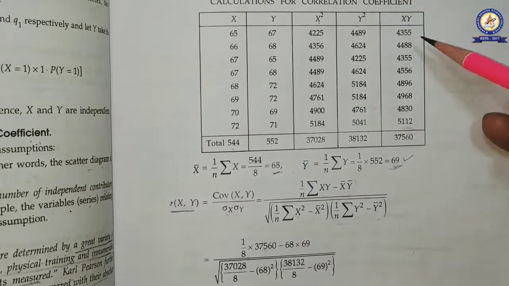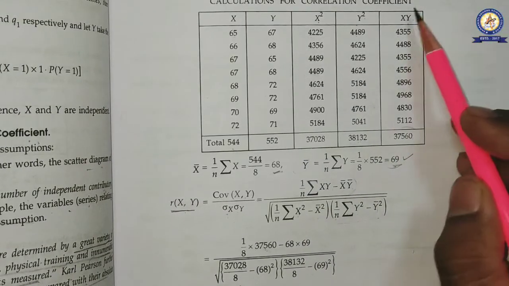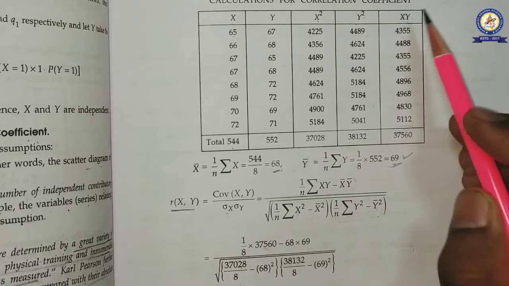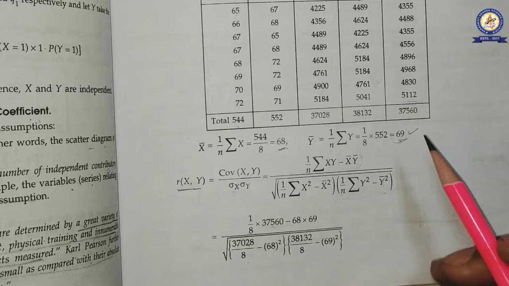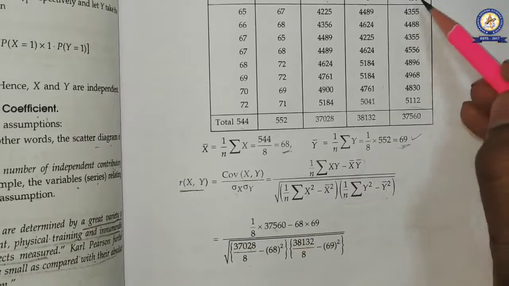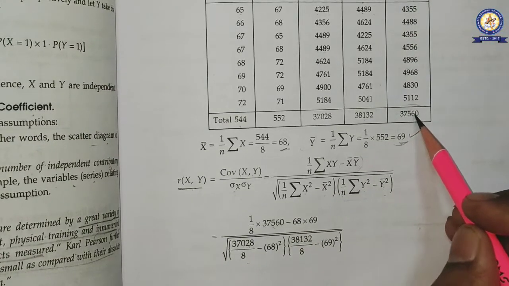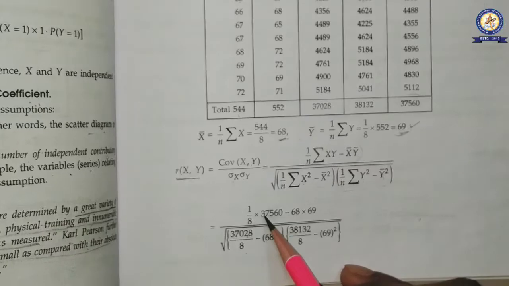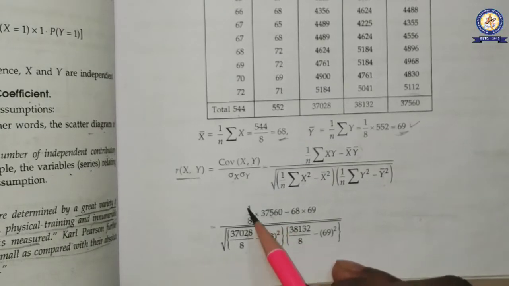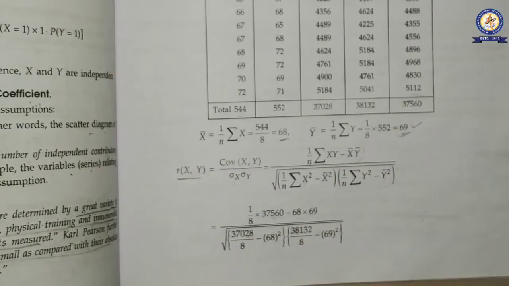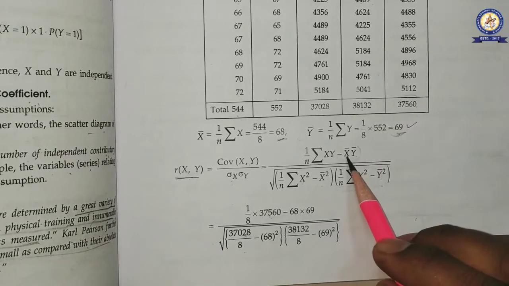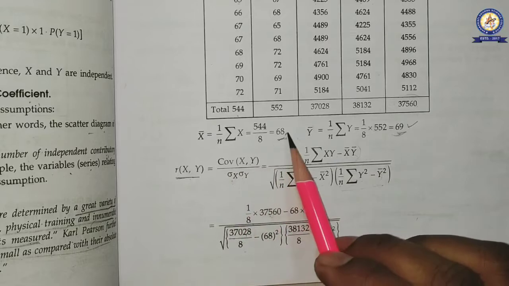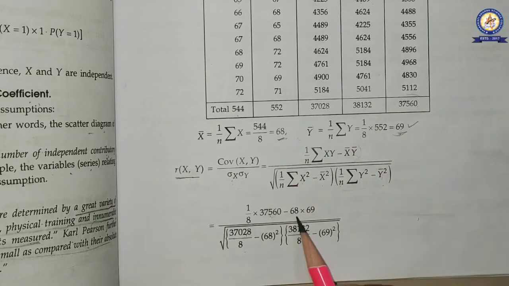So summation of xy by n, n is nothing but 8. Summation of xy is nothing but 37560. 37560 by 8, right? Okay. Then mean of x into mean of y. Mean of x is your 68 and into 69. 68 into 69. Very clear, okay?